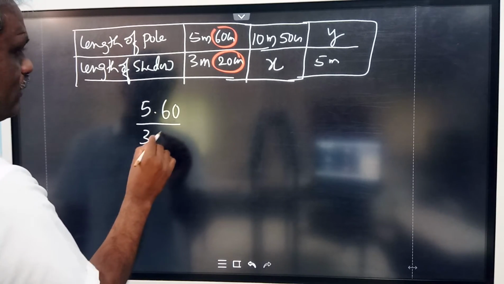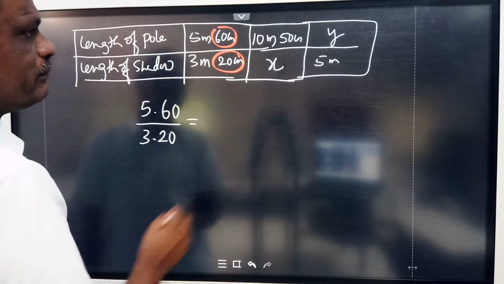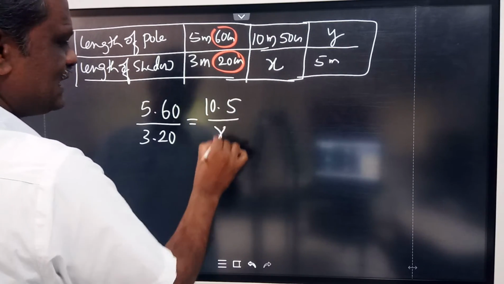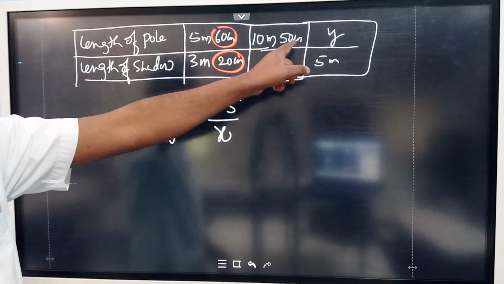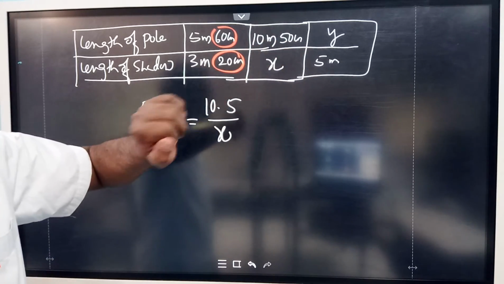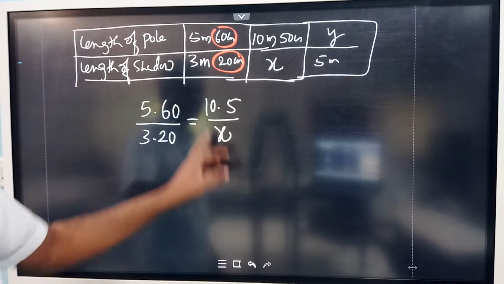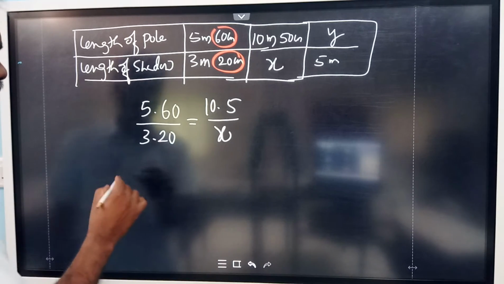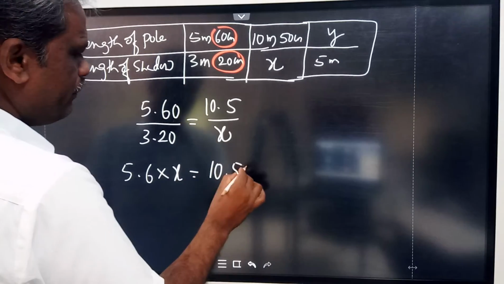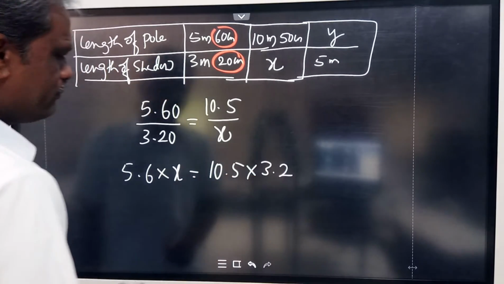So 5.6 divided by 3.2 is equal to, equate this, 10.5 divided by x. Convert this completely into meter, 50 divided by 100, 0.5. So it is 10.5. Cross multiply here: 5.6 into x is equal to 10.5 into 3.2.